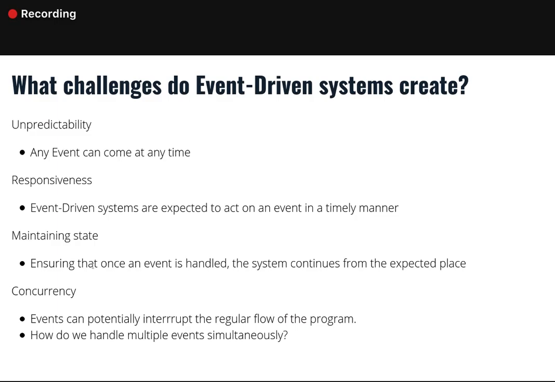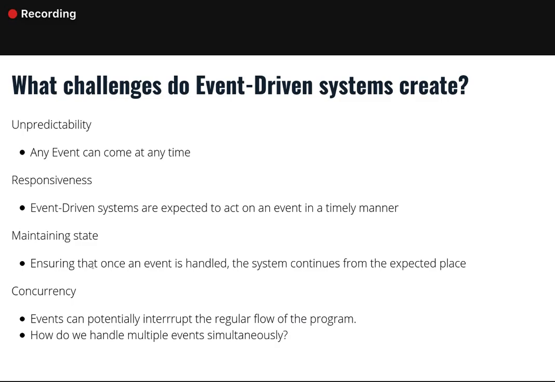Things get weird. We want to very explicitly avoid undefined behavior, especially in event-driven systems. Responsiveness. In general, users, especially of user-facing event-driven systems, expect those systems to respond immediately, or at least in a timely manner, to an input.